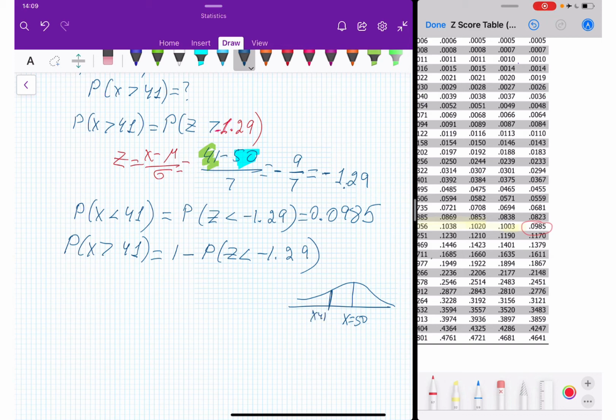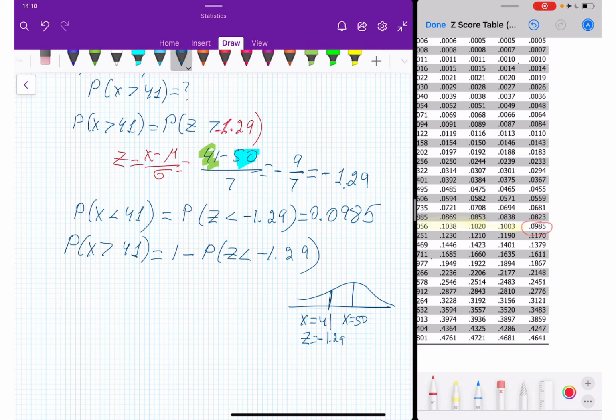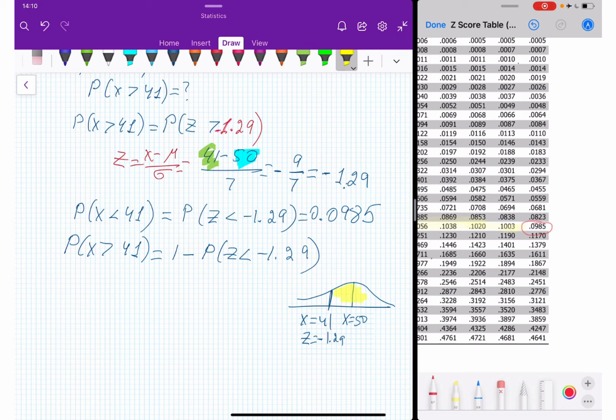And accordingly, x equal 41, z-score is equal negative 1.29. Let me write down clear. X is equal 41. So we need to find greater than 41, which means we have to find this area.